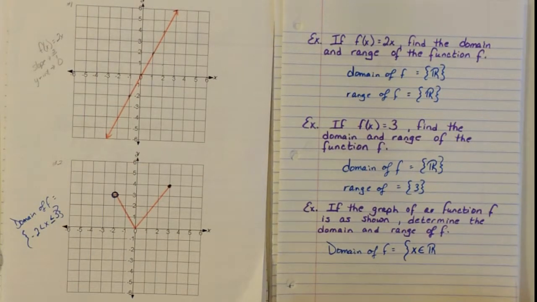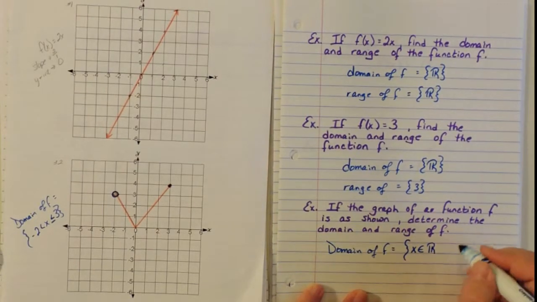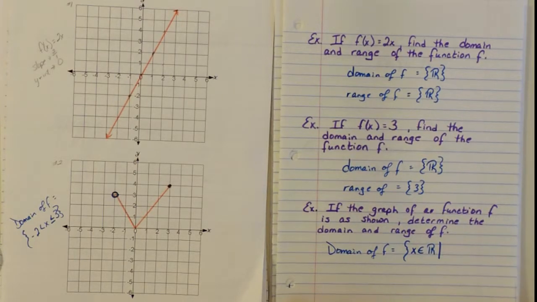Okay, it can't be an imaginary number, so it's in the subset of real numbers, such that, and when we say such that, we're just going to write a straight line.